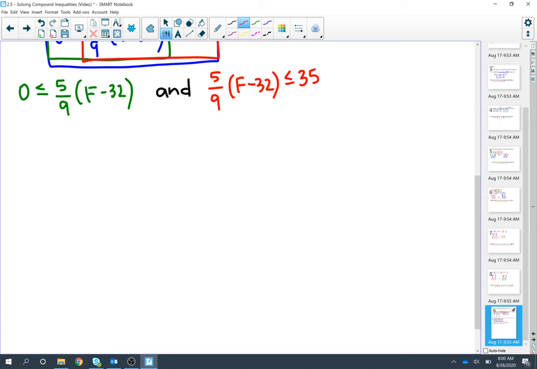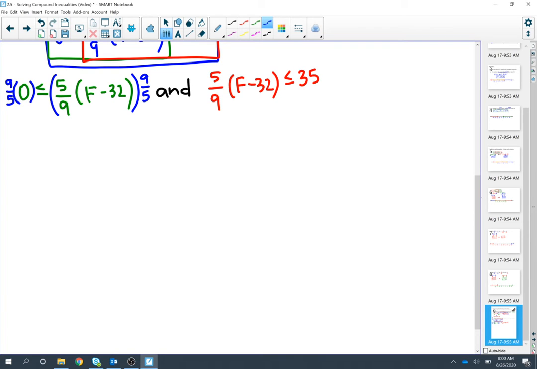So we have this fraction 5/9. Easiest way to get rid of a fraction is to multiply by the reciprocal. So the reciprocal of 5/9 means flip it upside down, and we're going to multiply by 9/5. Same thing over here, big parentheses, we're going to multiply by 9/5. Over on the left, what's 0 times anything?